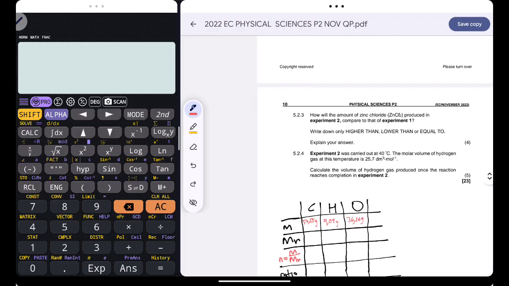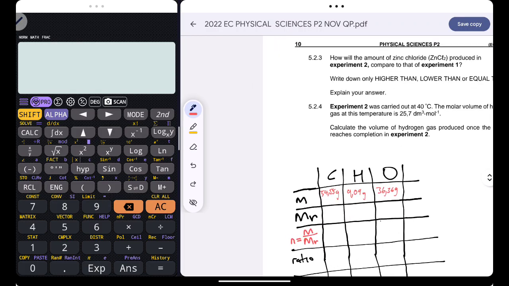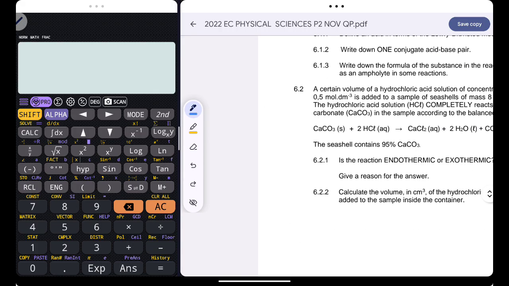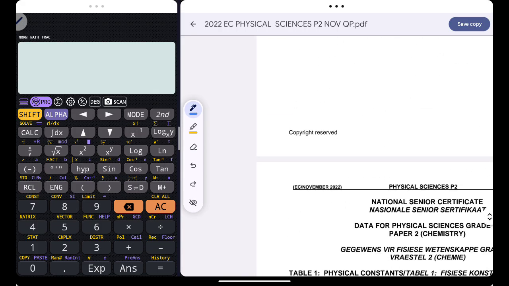Okay, and then I must write down their relative atomic mass number for me to find the number of moles which are contributed by carbon and hydrogen and oxygen for us to have a complete organic compound. Okay, the relative atomic mass number for carbon is 12. Please guys, if you're not sure, just go down there on your periodic table, right?